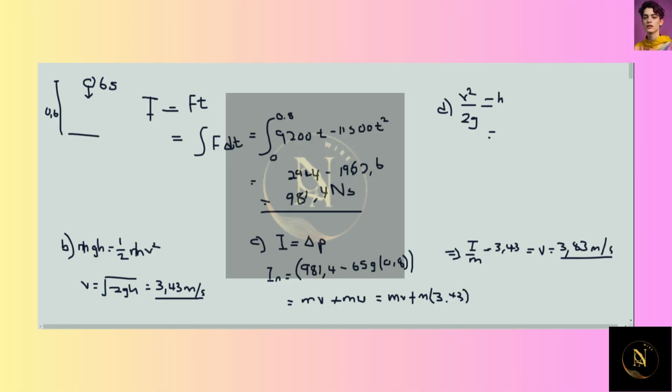With all the numbers that you're given, 3.83 for v and 9.8 for g, you will get 0.748 meters over here. And that's it.